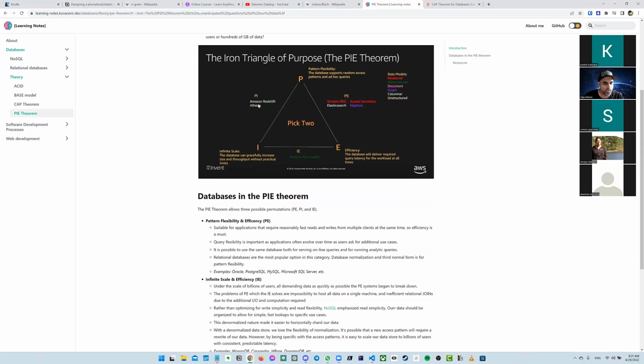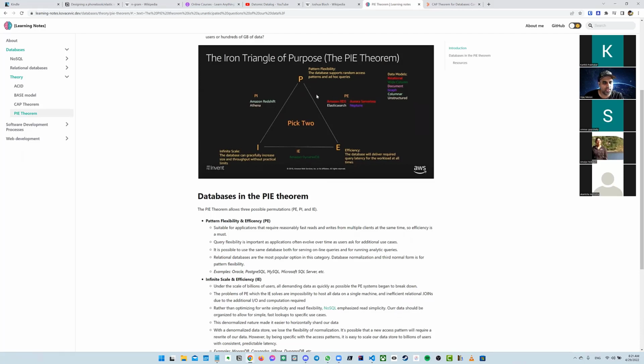And so with PIE, if you want something with pattern flexibility and infinite scale, pick Amazon Redshift or Athena. If you want an IE model, then you should pick Amazon DynamoDB, because DynamoDB can handle scale and efficiency.